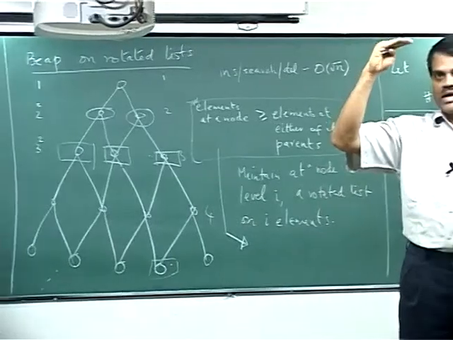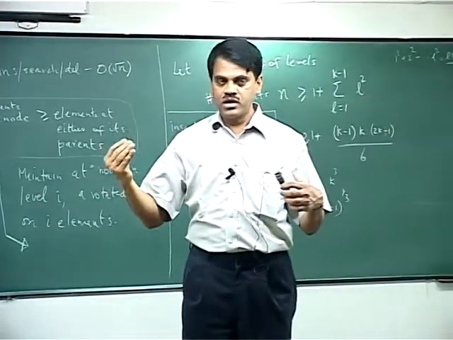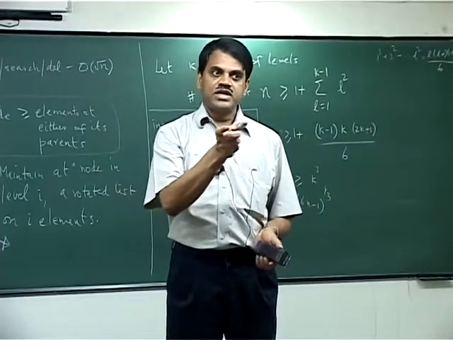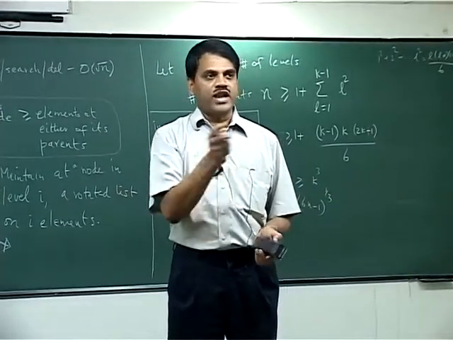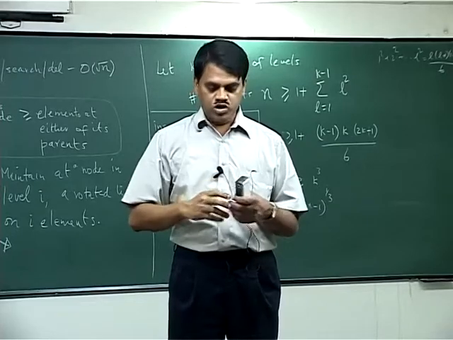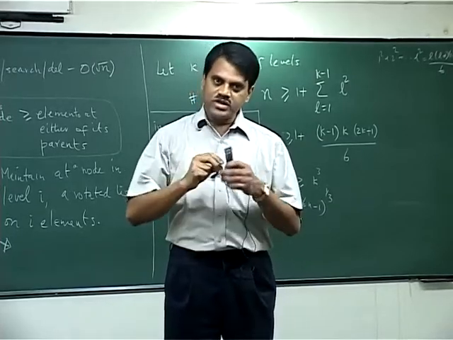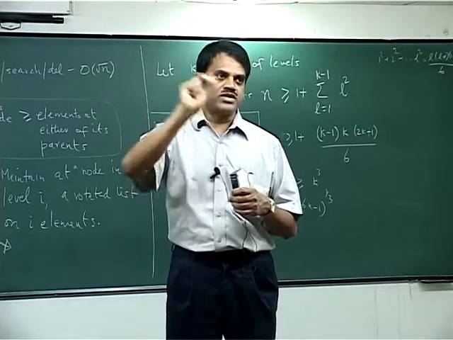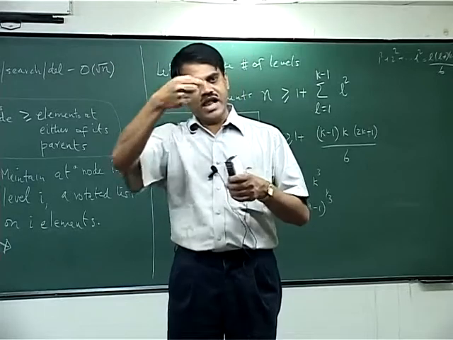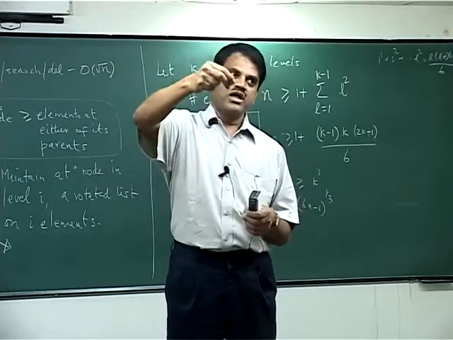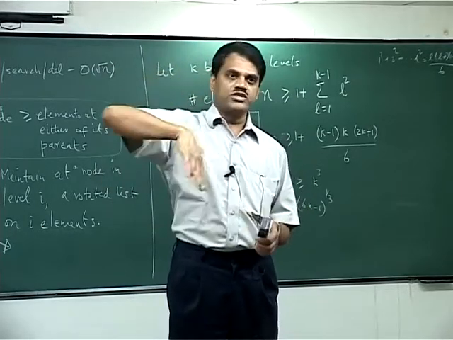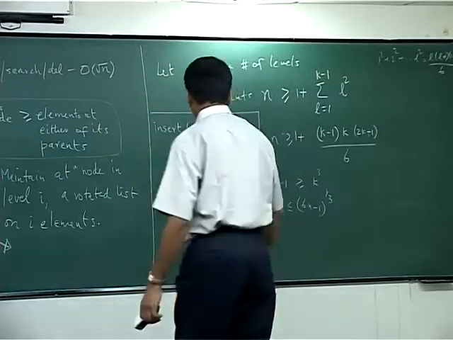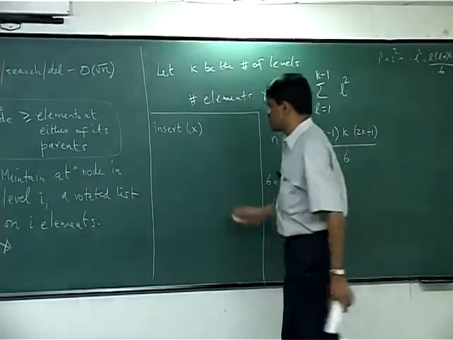Height of the structure times log n, because in each of these blocks you have to go and check, find the largest, right. Each is a rotated list. So, I insert and then take the smallest element, see, okay, am I smaller than both the largest of these parents? No, if I am larger, then I just take the largest of the parent, bring it down, move it there, and then I do the same comparisons upwards. So, I spend about log n time in each level, and total number of levels we argued is order n power 1 by 3. So, that is order n power 1 by 3 times log n.